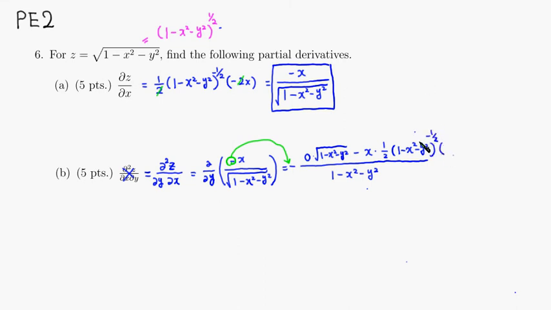Then multiply by the partial of this with respect to y, so negative 2y. We can cancel the 2 here and here, and the first term is just 0. Then we can simplify.